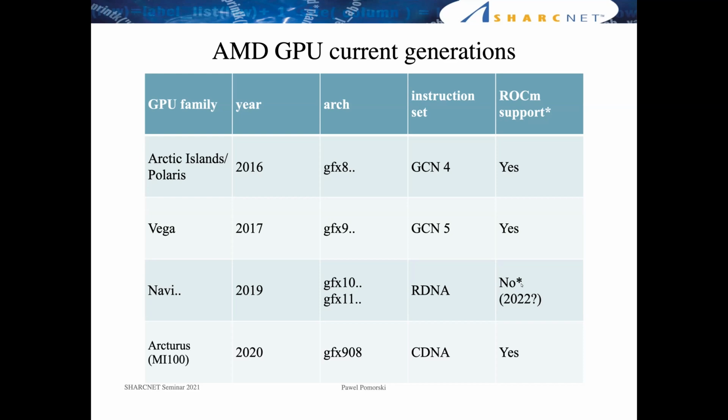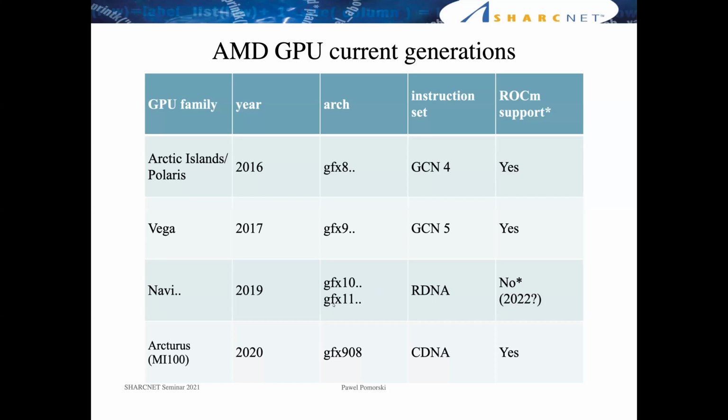Apparently, full support for ROCm on Navi cards is promised by about the middle of 2022. So that appears to be on the way. This means that we can use those cards for testing, and those are the cards we have in our test machines. We will be able to use them for testing, but there will be some issues that I will discuss.